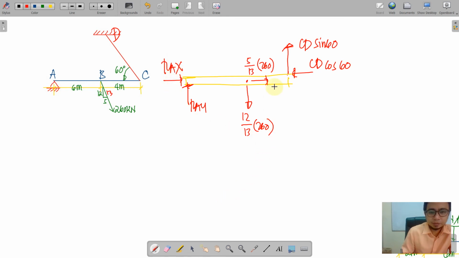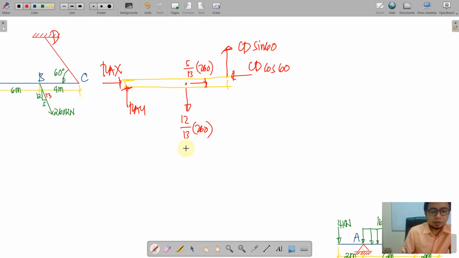Okay, so by that, you're now ready to take summation of moments. Summation of moments about A is equal to 0. We have 12 over 13 of 260, this one, times the moment arm, that is equal to 6, and this is 4.